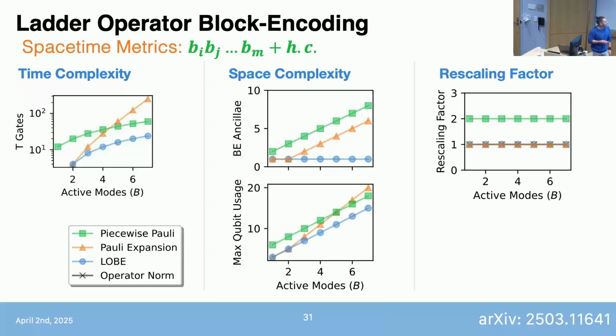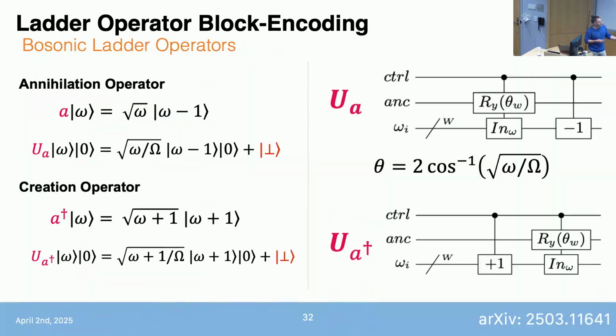In terms of the bosonic cutoff, it's a little bit different because the number of qubits you need depends on this bosonic cutoff, right? So if you allow yourself to have like 100 bosons in a mode, then you need like 10 qubits to represent that single mode.